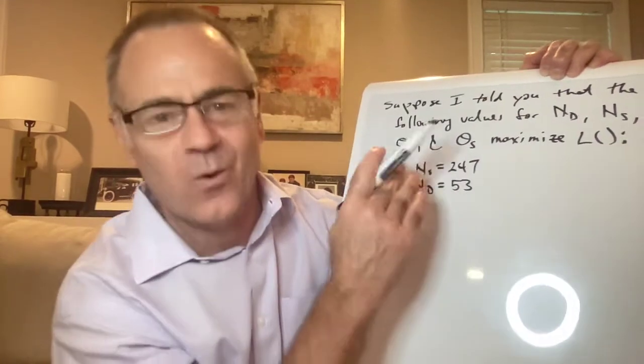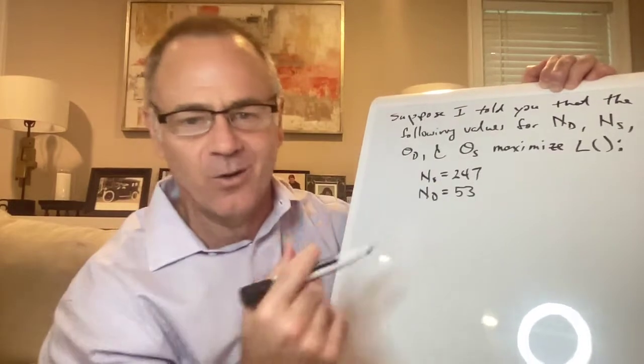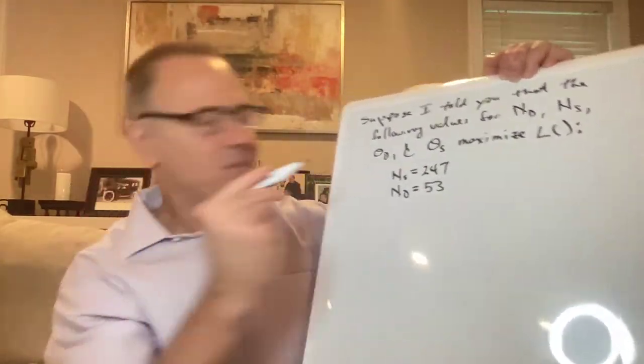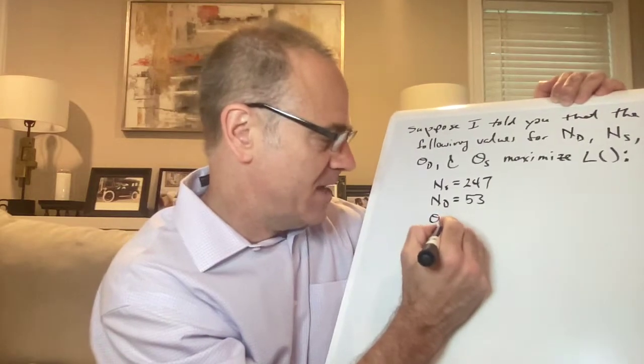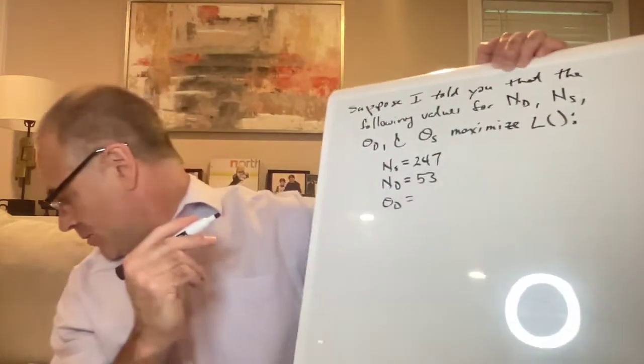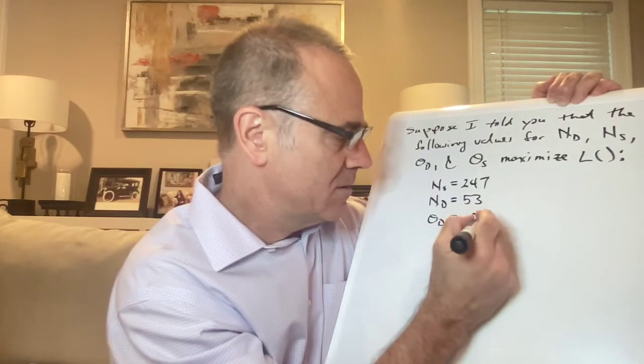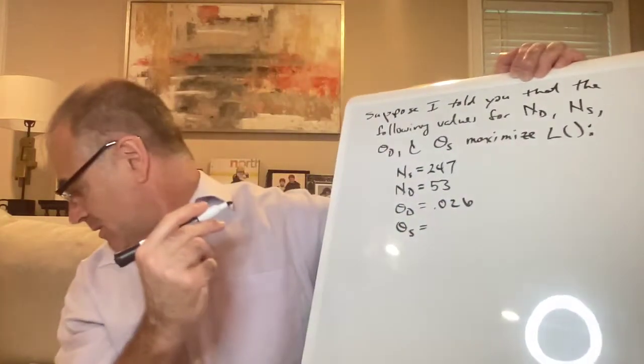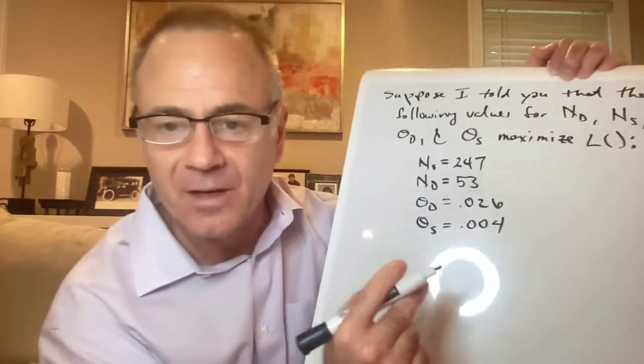Levitt and Porter don't force NS and ND to be whole number values. We'll get to that later. Most important, theta D equals 0.026, and theta S equals 0.004.